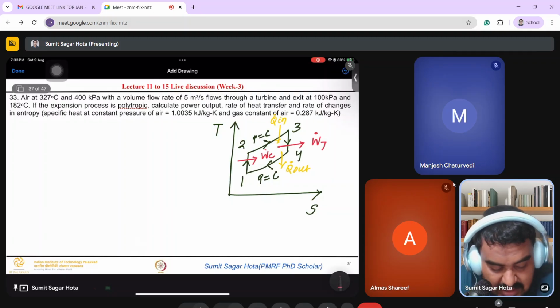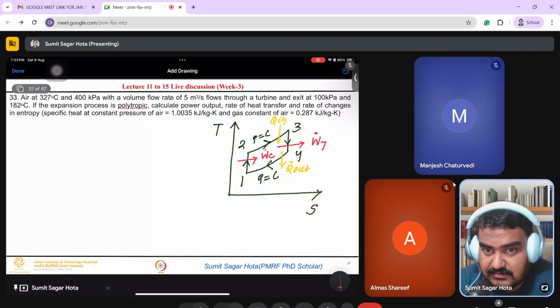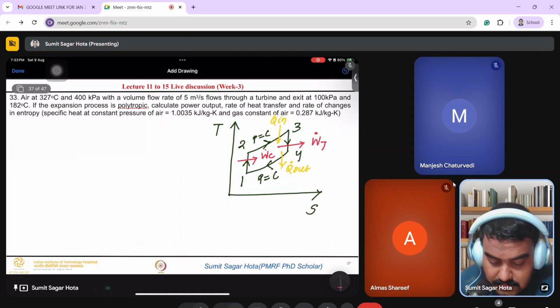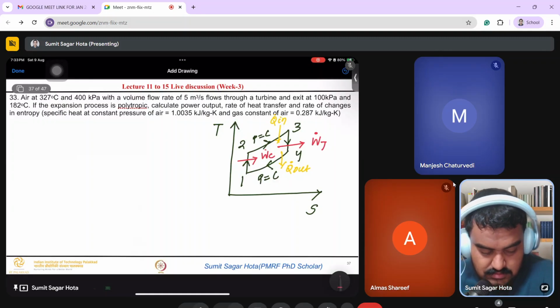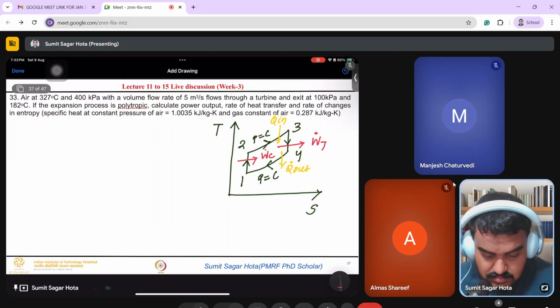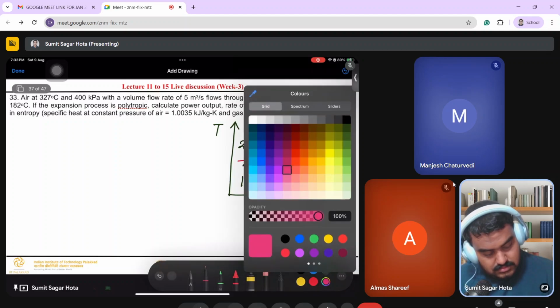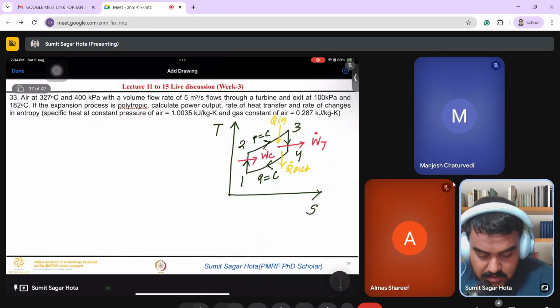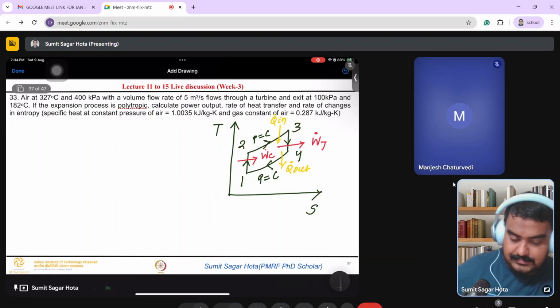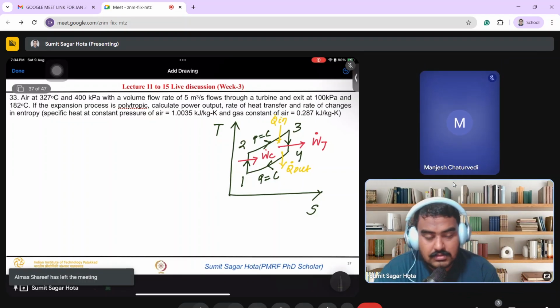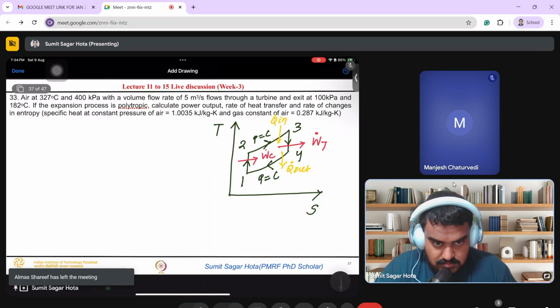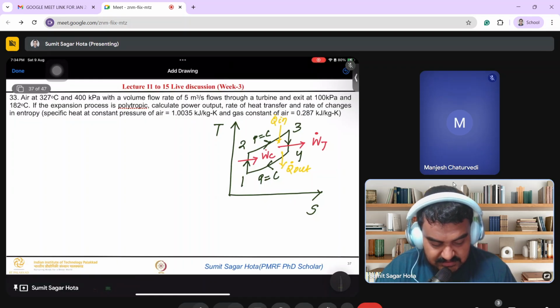The Brayton cycle I have drawn on the right, same Brayton cycle. So let's see what are the things given.